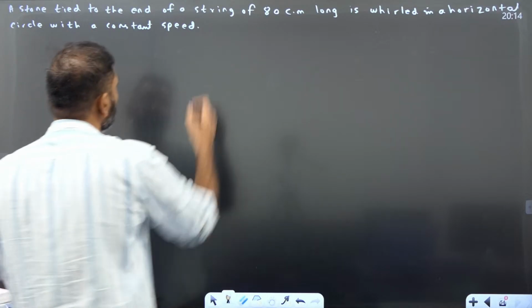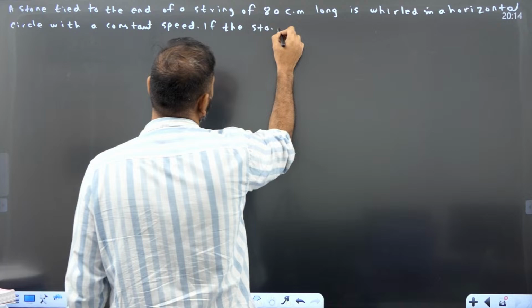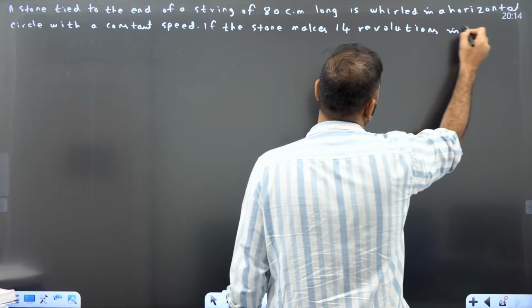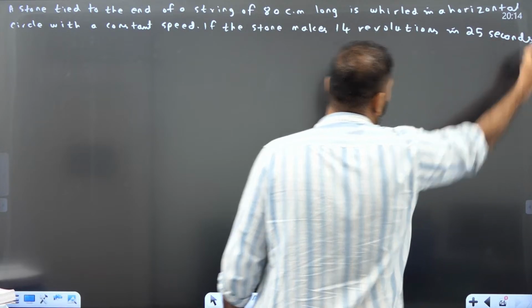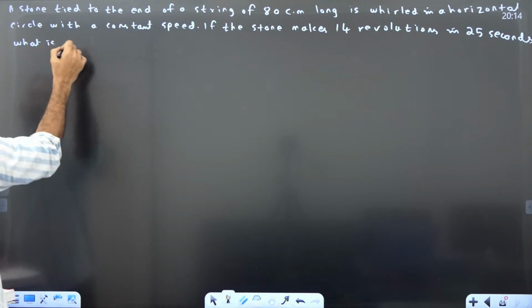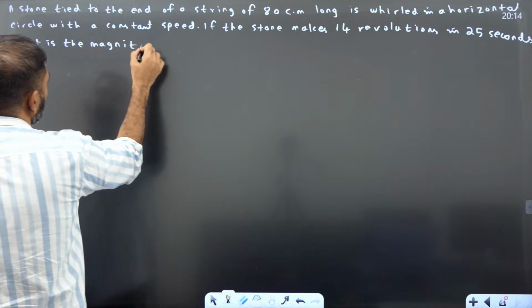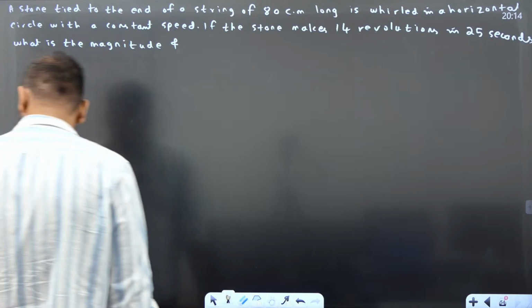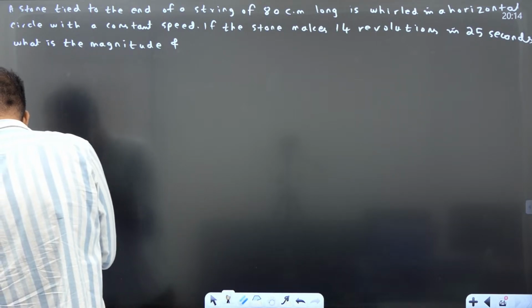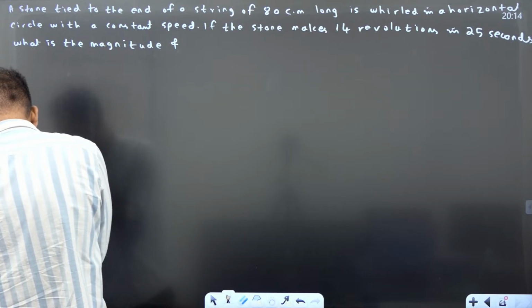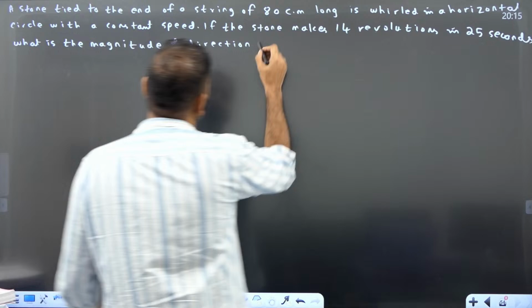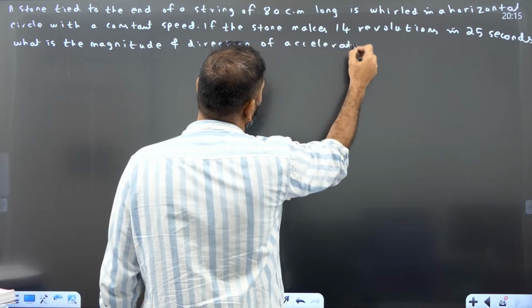If the stone makes 14 revolutions in 25 seconds, what is the magnitude and direction of acceleration of the stone? It's a textbook problem.